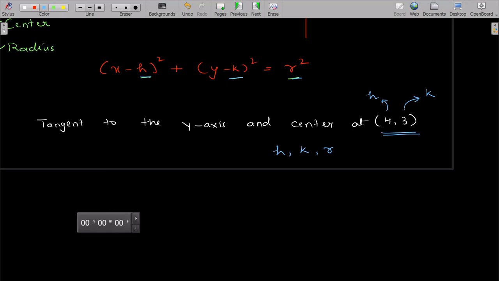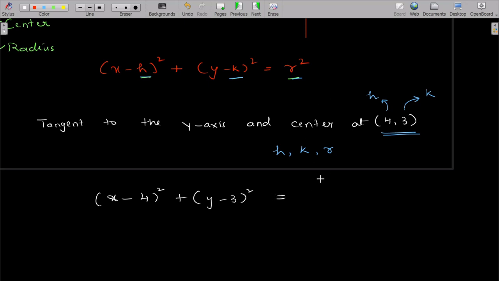So we can partially write the equation now. I'm just replacing h and k by 4 and 3. So I get x minus 4 whole square plus y minus 3 whole square is equal to r square. This step is clear?